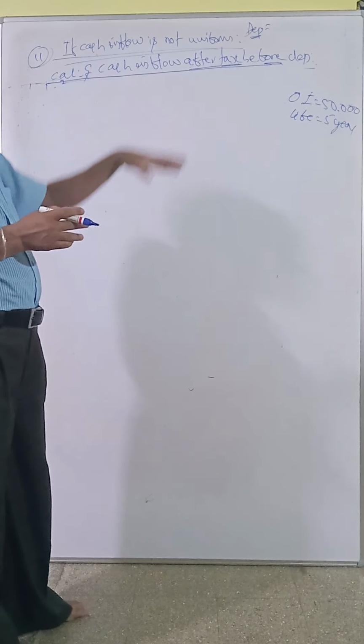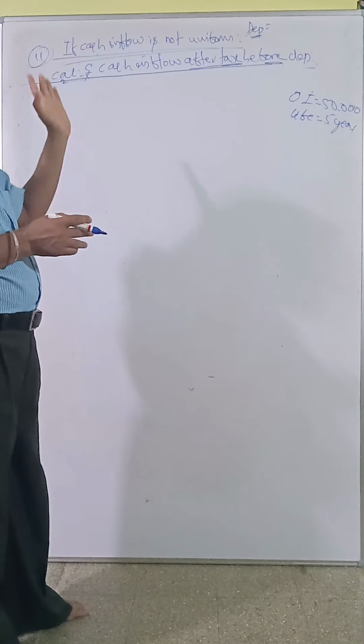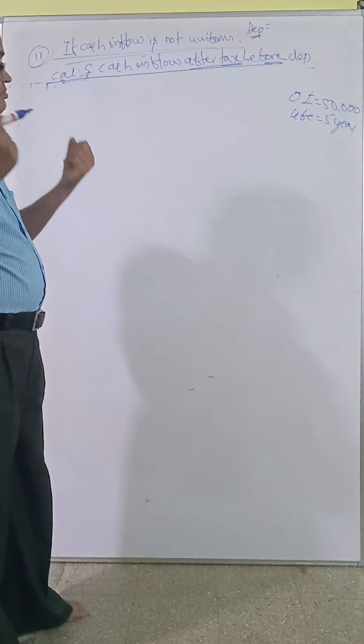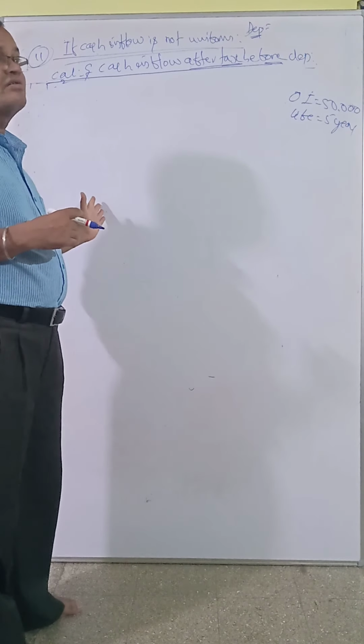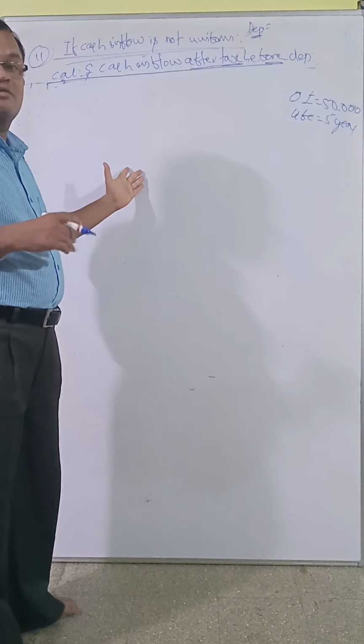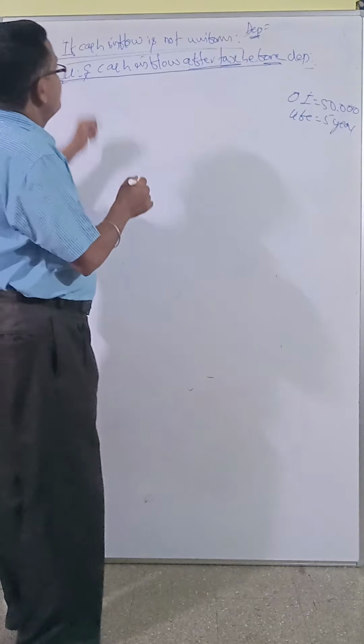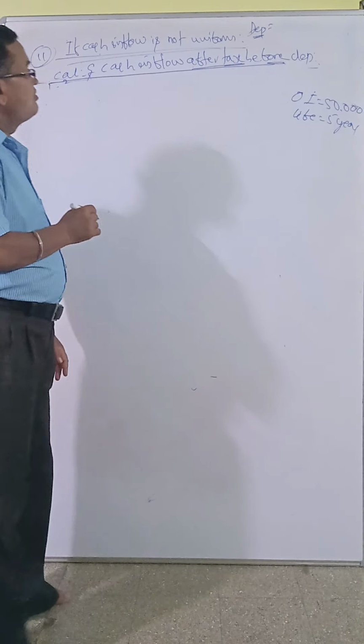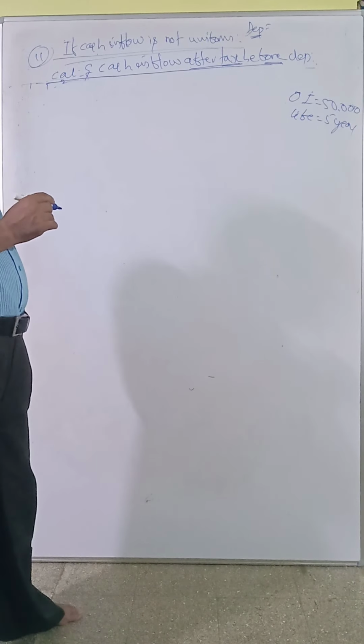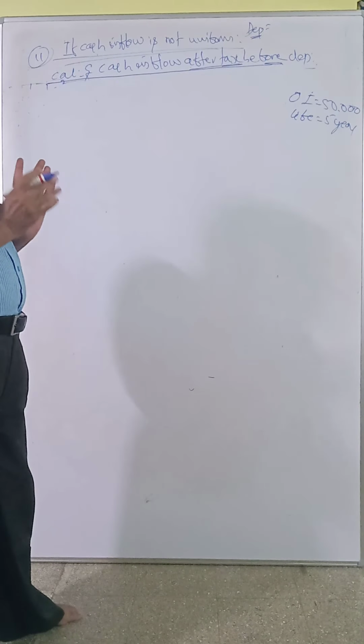Before depreciation and tax means depreciation is already added and tax is also added. Tax is not deducted. Understood? The question gives cash inflow before depreciation and before tax.